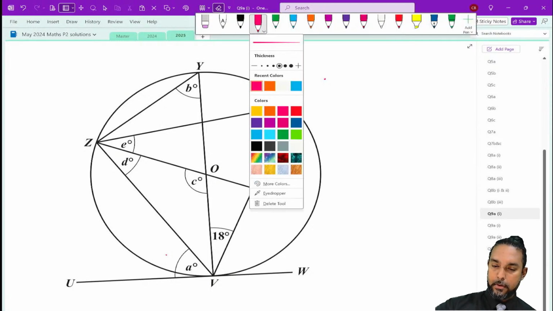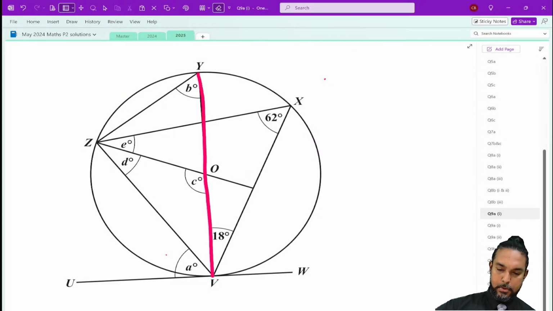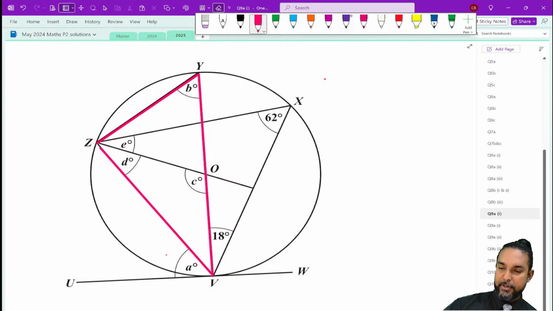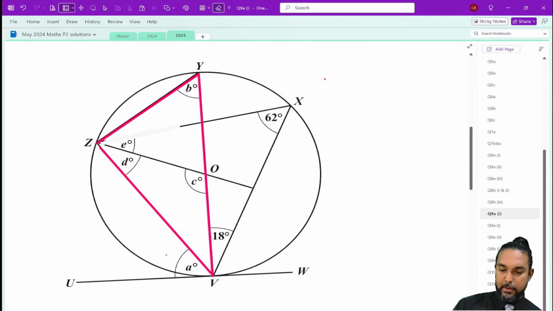All right. Yeah. So that's the diameter. Right. Let's blank out some of the other lines, right? Julie, I'm going to blank out this line here.